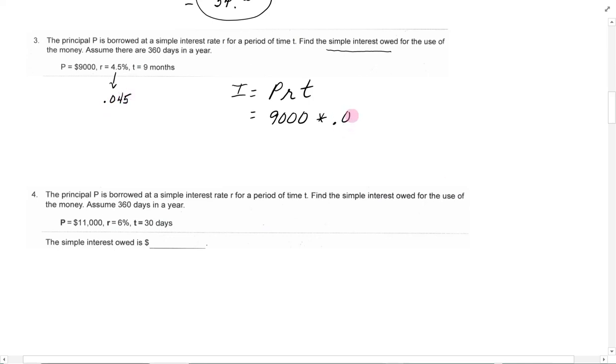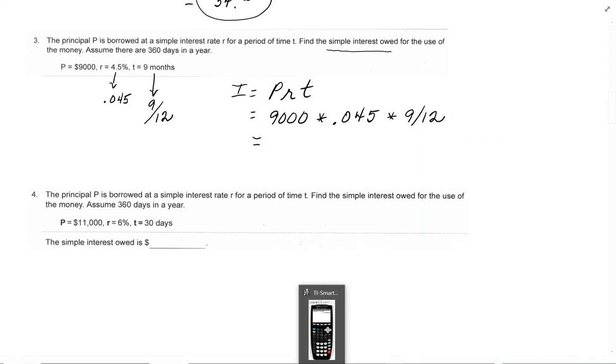So 0.045 times 9 months. That is not in years. So what I need to do is think about how many months are in a year. The answer is 12. That is 9/12 of a year. And because of the calculator we're using, you can literally put 9 divided by 12 in the place of the time.